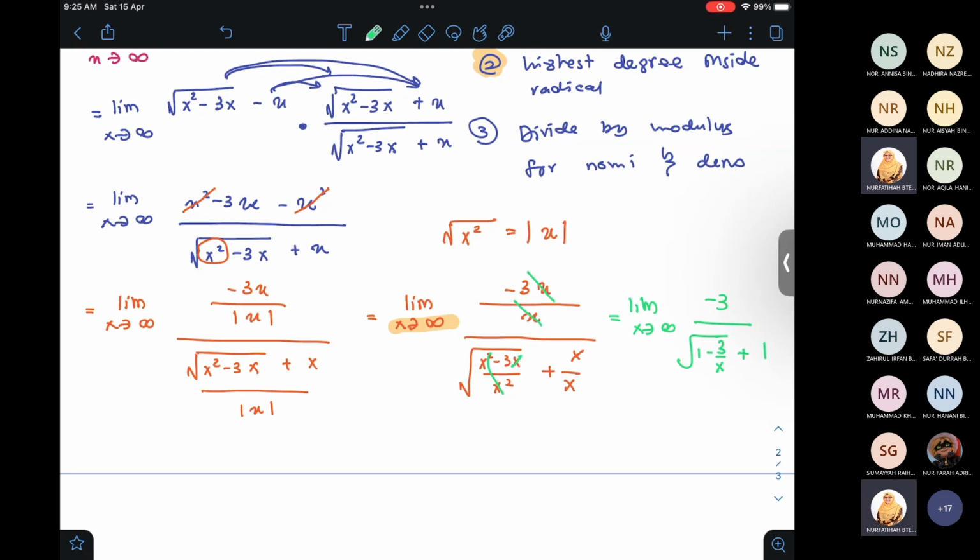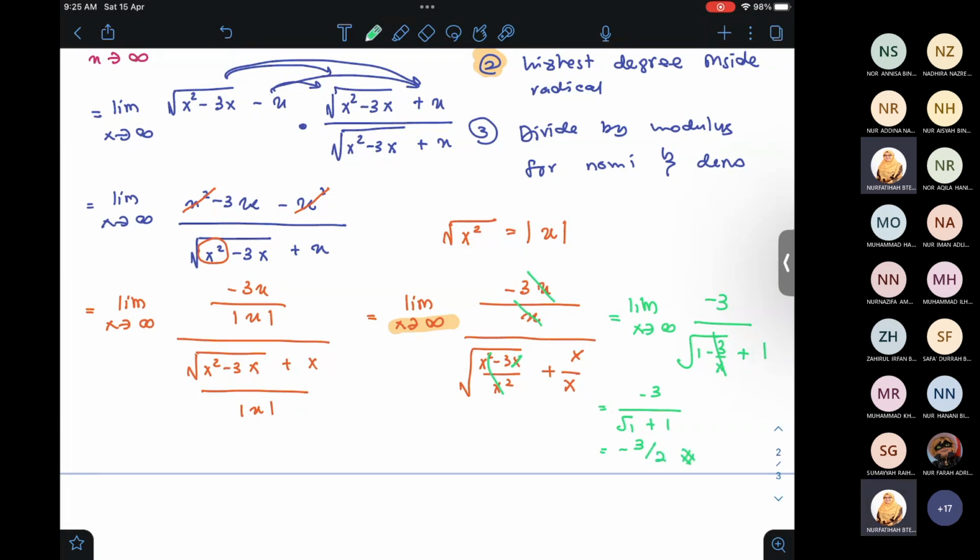Now let's substitute our infinity. What do I get? On top, negative 3. On the bottom, 3 over infinity gives 0. That means square root of 1 plus 1, so I get negative 3 over 2.